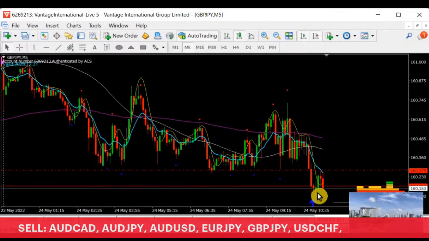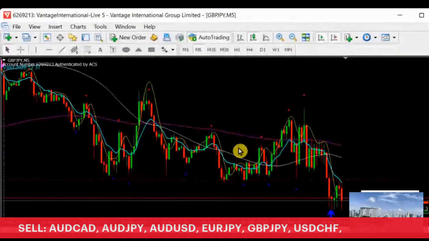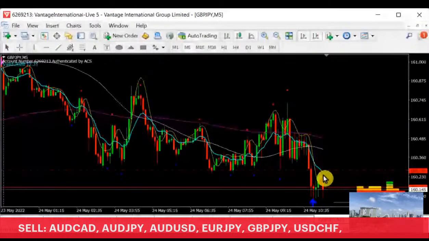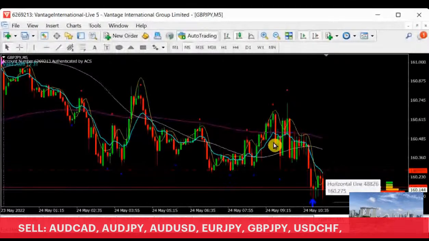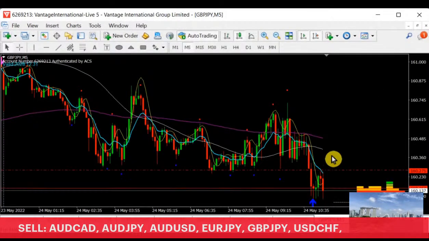So the rejection pushes to test the previous support, to see if it is able to go back to the support level, back over in this area.